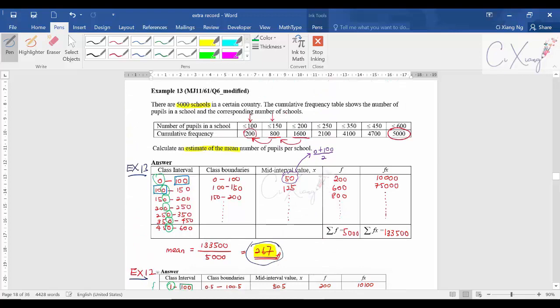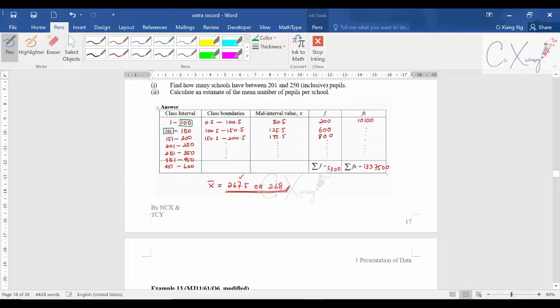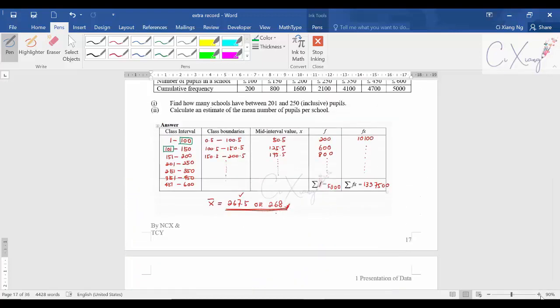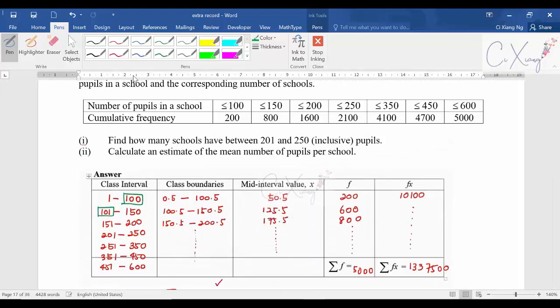We go back to example 12. I want you to observe the question in part 1. Can you see that in this question, they actually mentioned that your class interval, the first value, starts from 1, 201 to 250? That gives you a hint that all your classes must start with 1.